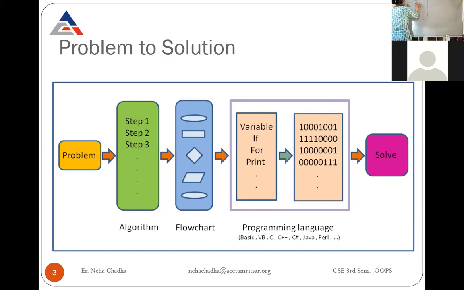I will write here: algorithm. Algorithm is what? Algorithm is a step by step procedure, a mathematical and logical model. Mathematical and logical means we are going to skip which header files and which functions are required.